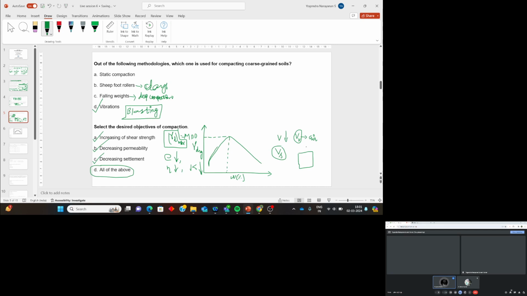So there will not be further reduction in volume. That is why it will decrease the settlement also. Are you clear now?